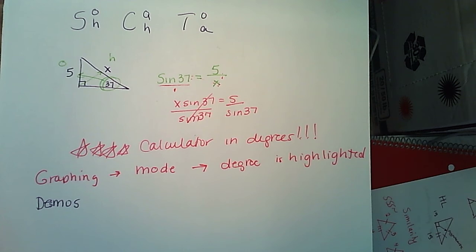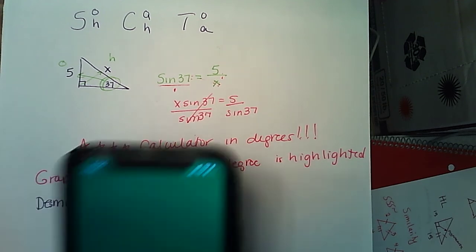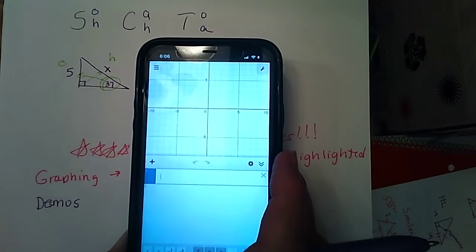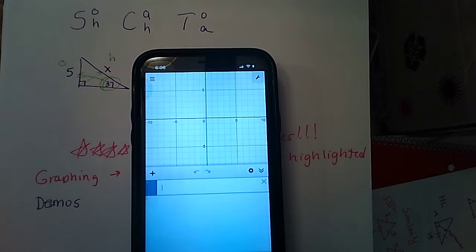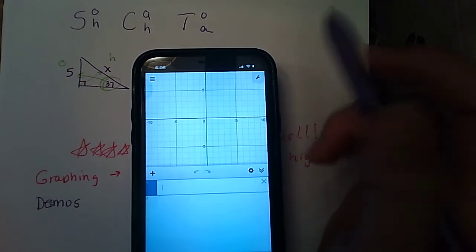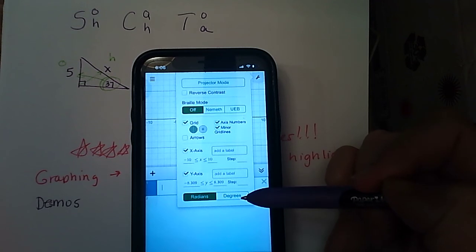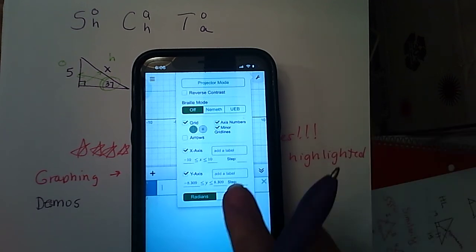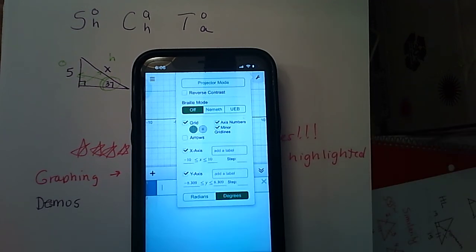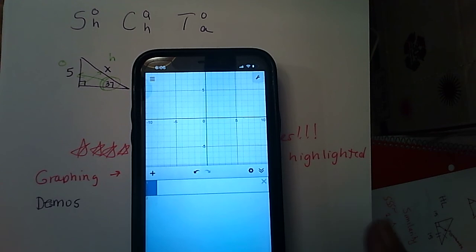In regular old Desmos, you have to change it to degrees. So I have to hit this little coggy thing at the top, and you'll see at the bottom it needs to be put into degrees. That's important. You need to do that. Now everything I do from that on will be in degrees.